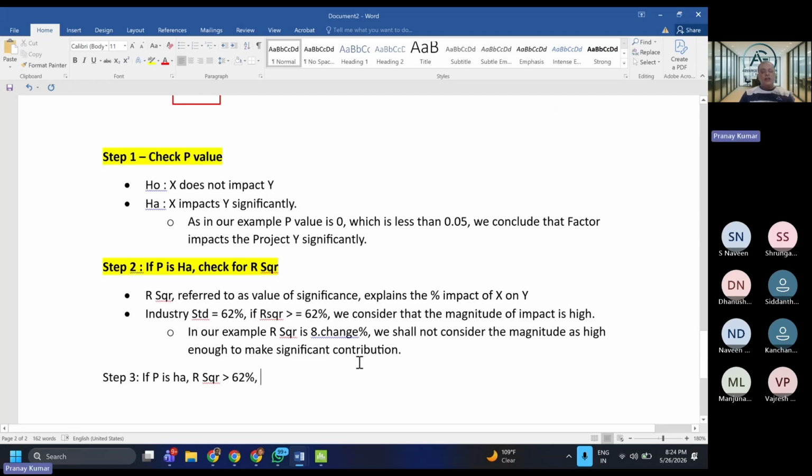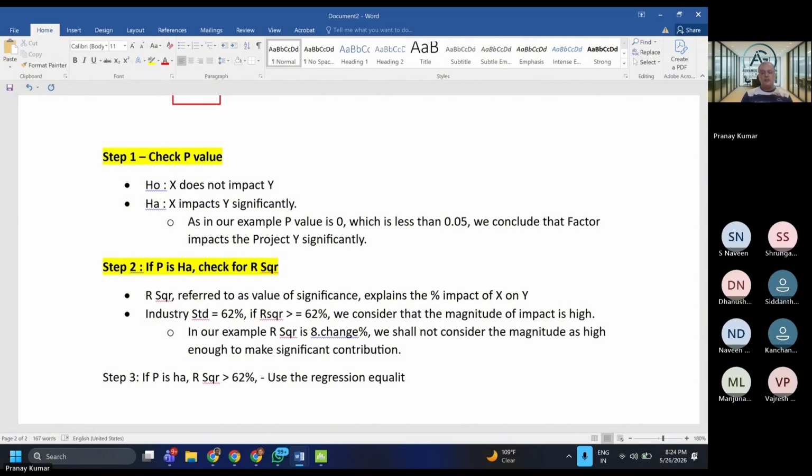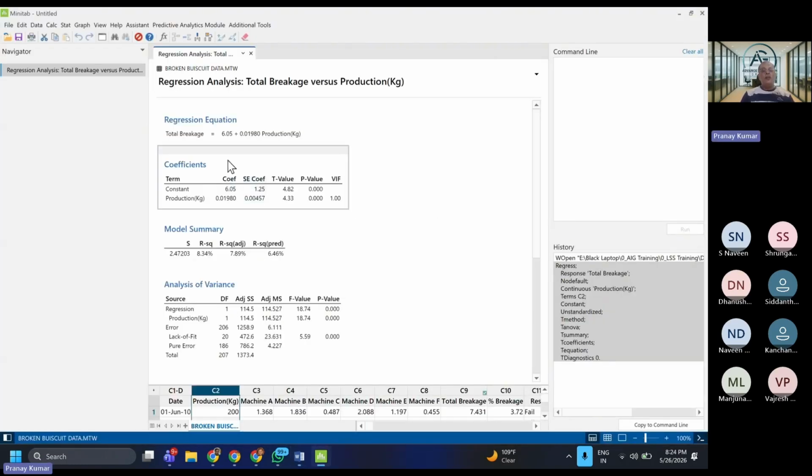If P is alternate, R square is greater than 62. Use the regression equation also. We got a regression equation saying total breakage is equal to 6.05 plus this many times of production.